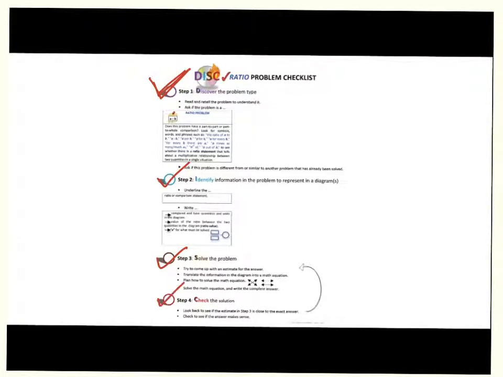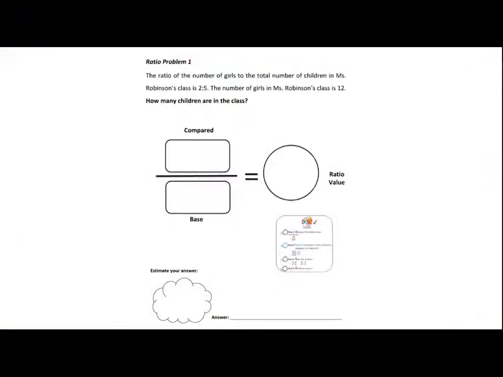And lastly, check your solution. Is my answer reasonable? Alright, so down below you can see that I have a little DISC down here to help make sure that I'm discovering the problem, identifying information in the problem, solving the problem, and checking the solution.